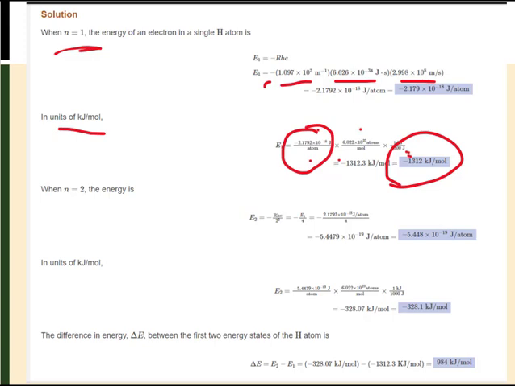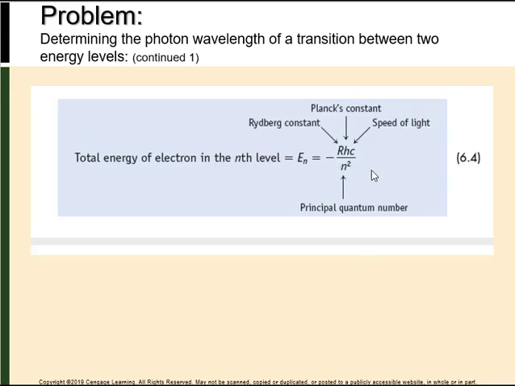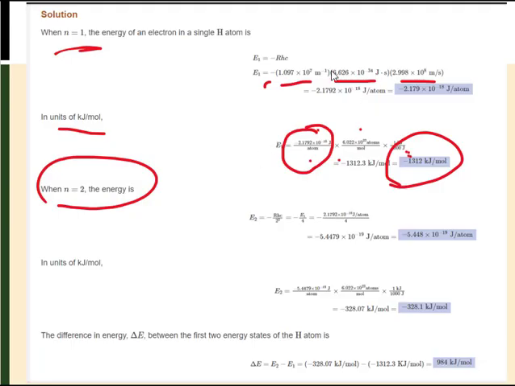Now, when n is equal to 2, I've got to look back at this equation. When it was 1, 1 squared is just 1, so having that whole equation divided by 1 is equal to having that equation by itself right here. But for the second energy level, notice that I had to do my negative RHC over 2 squared.